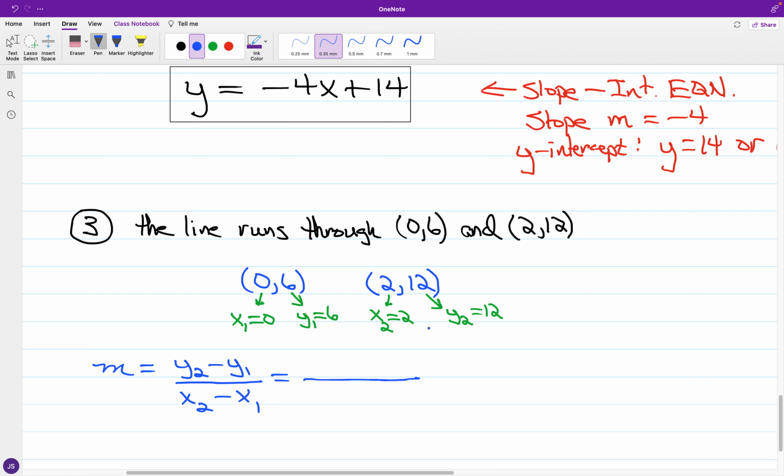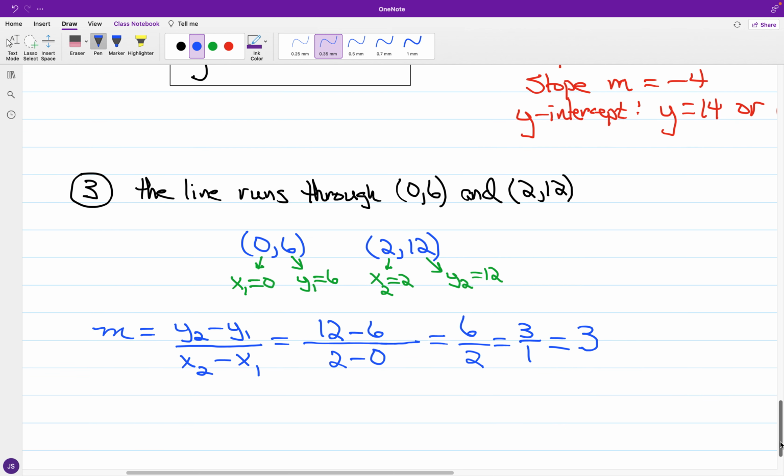With these values specified, we have y2 at 12, subtracting y1 at 6, over x2, which is 2, subtracting x1, which is 0. 12 minus 6 is 6, and 2 minus 0 is 2, so for the slope we have a 3-to-1 ratio, like moving up 3 units while shifting to the right 1 unit. So the slope is equal to 3.